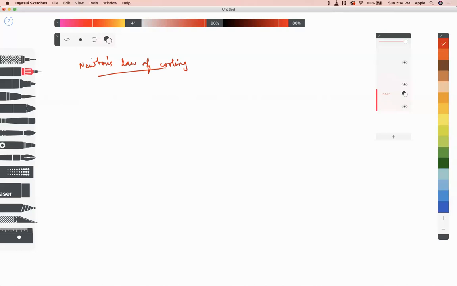Suppose we have a surface which is maintained at a constant temperature of, let's say, TW or TS, whatever you want to call it. It's better if I just call it TS, the surface temperature.